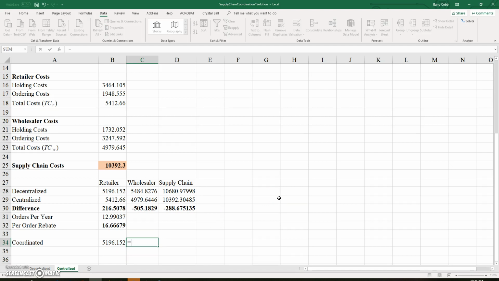The wholesaler will experience the centralized cost, but will have to pay the per order rebate times the orders per year as an extra cost to the retailer.